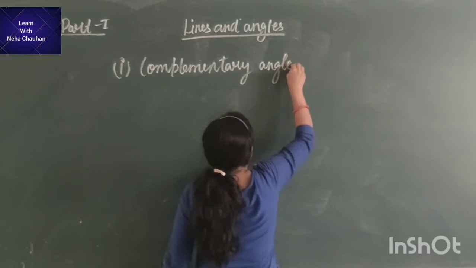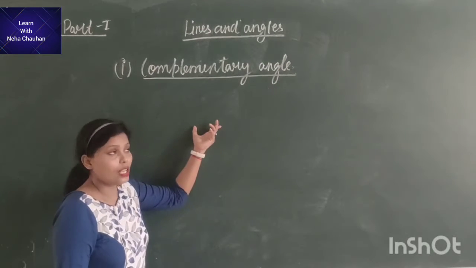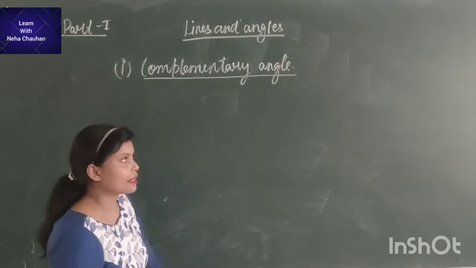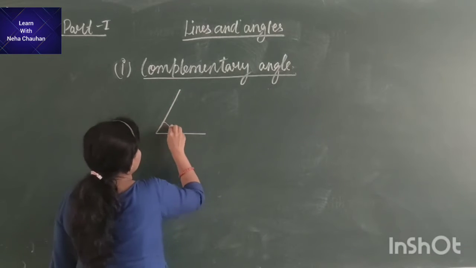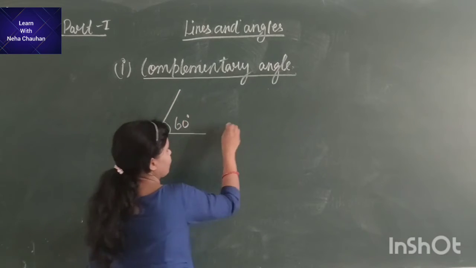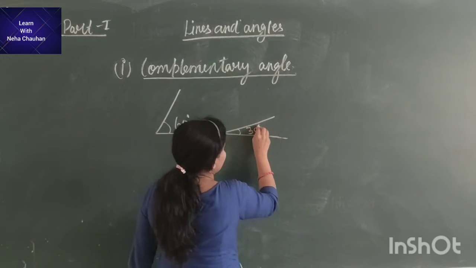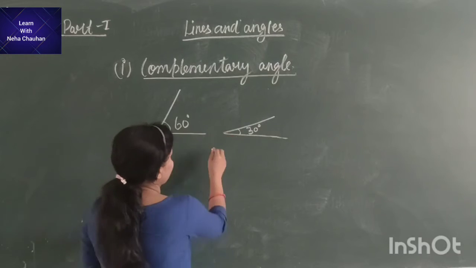Complementary angles are those angles whose sum is equal to 90 degrees. That means if I take a 60 degree angle and a 30 degree angle, what is the sum of these two? 90.